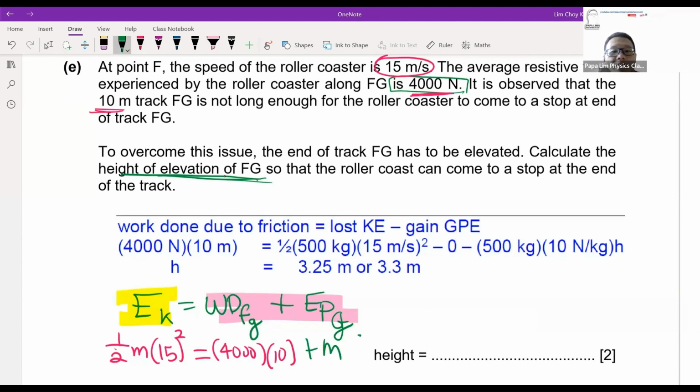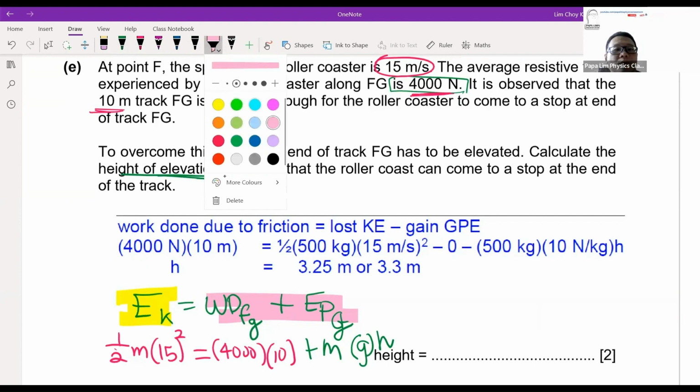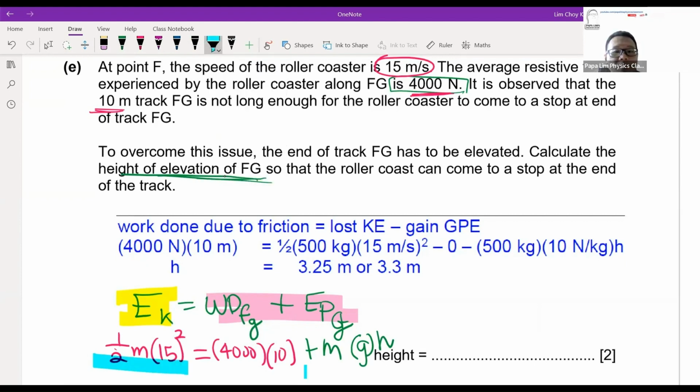The height h is what you need to find. Since all the numbers are given, you should be able to work out the height to be 3.3 meters.